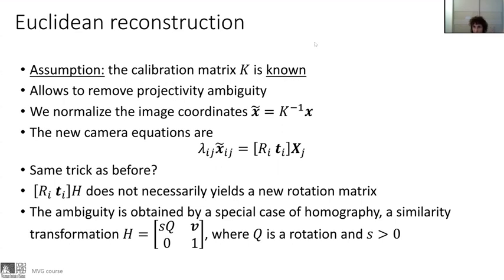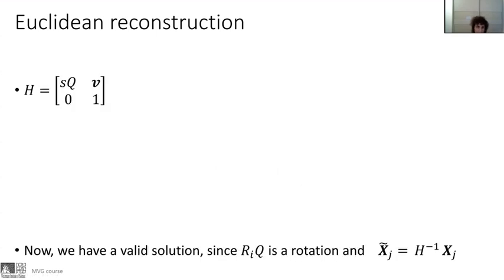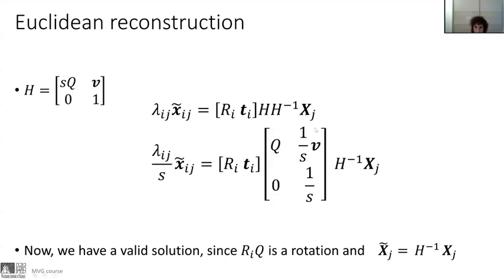Let's see why this ambiguity is okay, why it keeps the rotation. If I take this special homography and insert it here, and divide this H by S and move it to the left-hand side, I get exactly this matrix. On the right, I get these modified points.